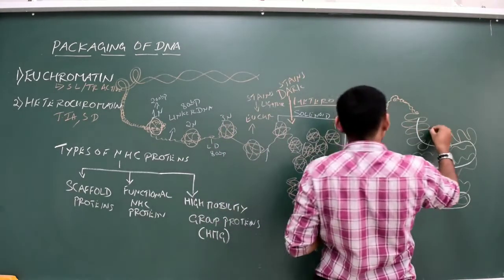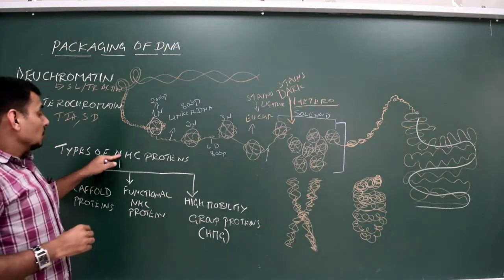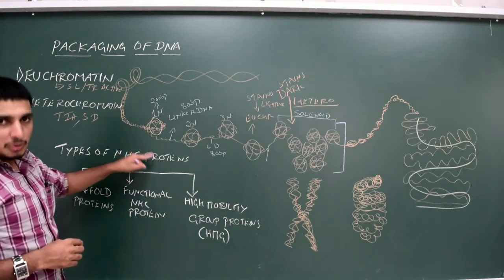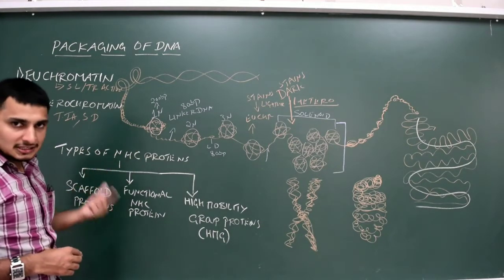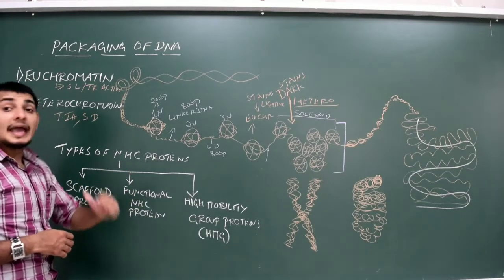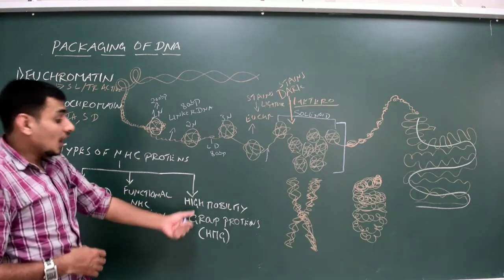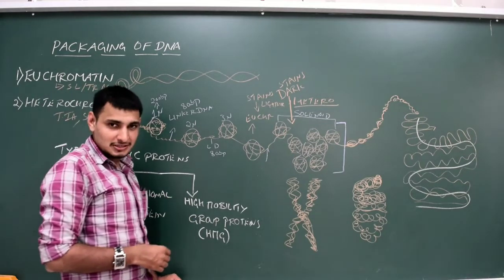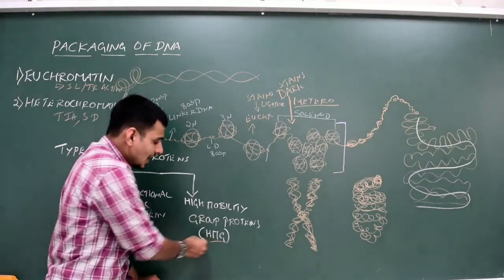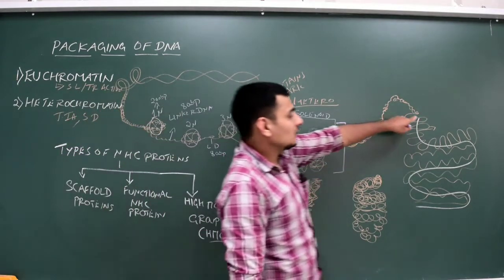Those proteins are non-histone chromosomal proteins, which are also seen in our body, within our nucleus. There are 3 types. One is scaffold proteins, functional NHC proteins, that is non-histone chromosomal proteins, and high mobility group proteins, also called HMG. I will not discuss it now. All these 3 higher proteins actually help.